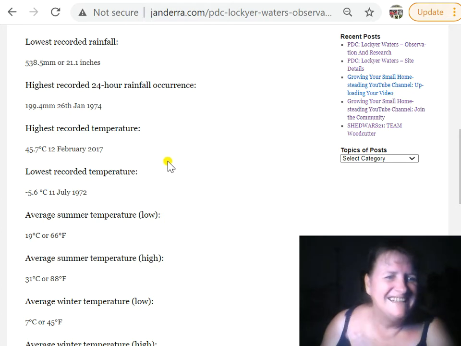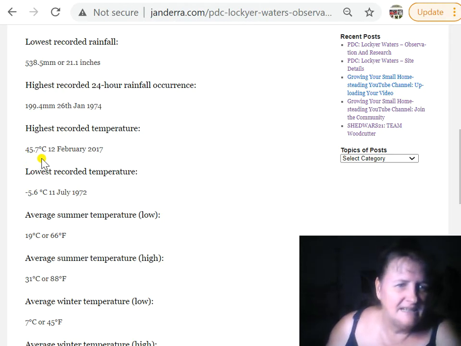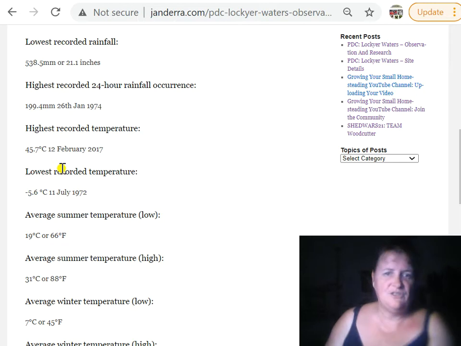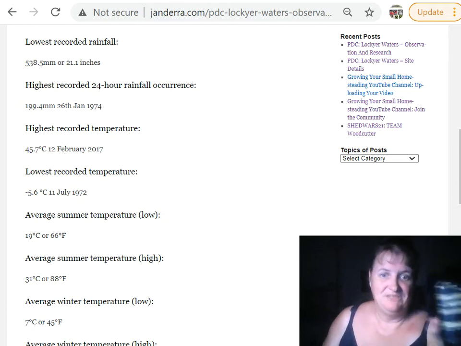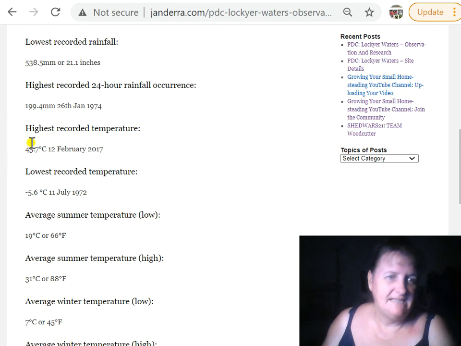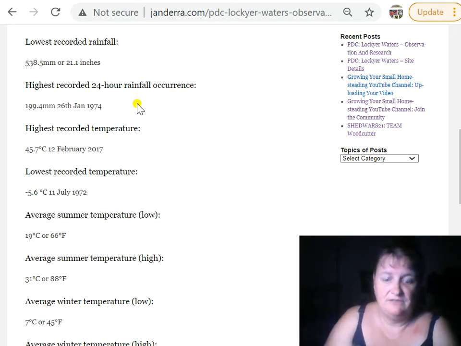Anyway, the highest recorded temperature in my area is 45.7 degrees, and I haven't got the Fahrenheit conversion on that. Sorry about that. Just give me a second. Okay, I've just checked the converter on my phone, and the 199.4 millimetres of rain was actually 7.85 inches. So that was in a 24-hour time period.